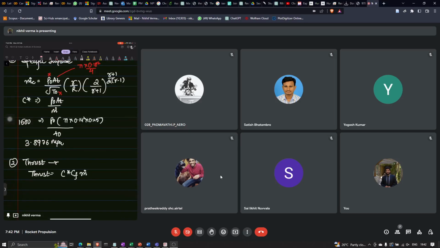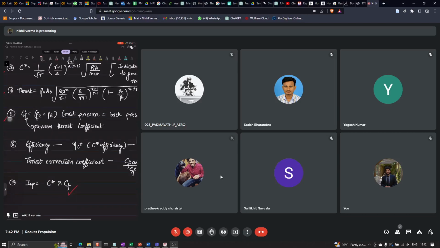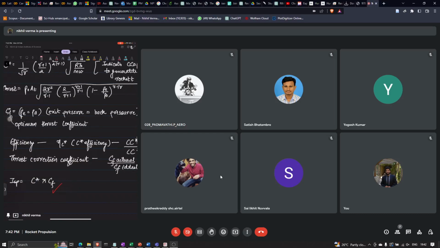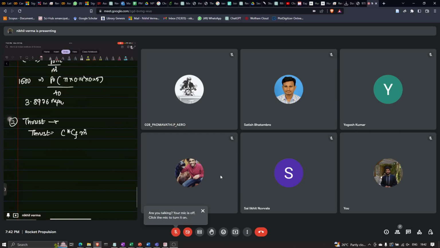Am I correct? So m dot is 40, C star is 1500, and C_F is 1.38. If you multiply these three, you will get 82.8 kilonewtons of thrust. Okay.